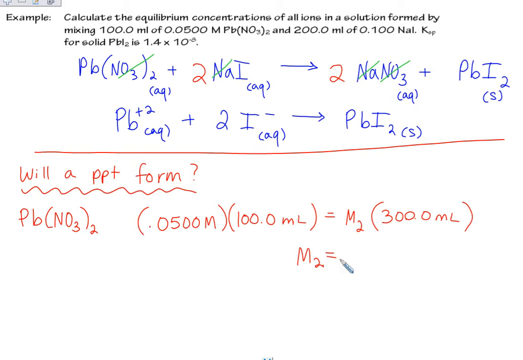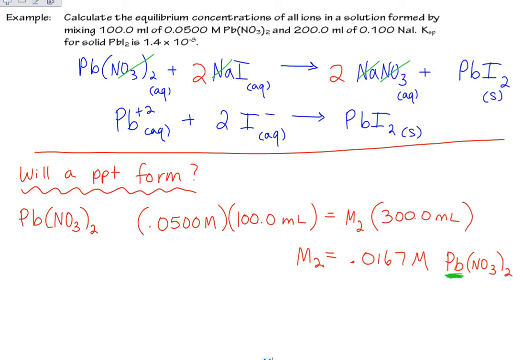M2 is 0.0167. And again, this is the lead nitrate solution. The only ion that I'm really going to care about is the lead, so that would be the molarity of the lead. The lead ion would be 0.0167 because there's one lead per particle.